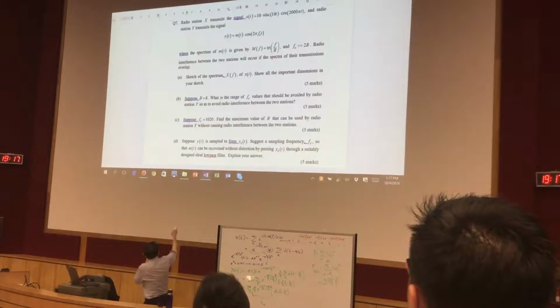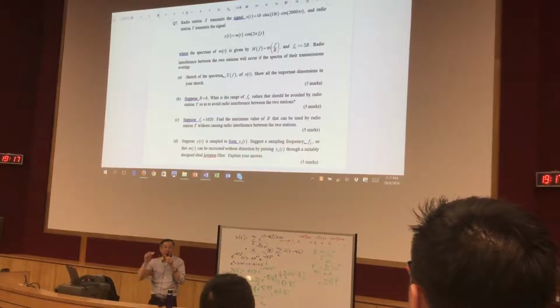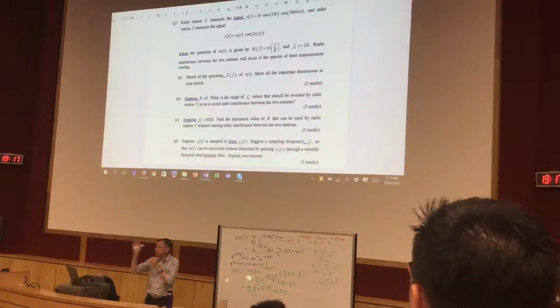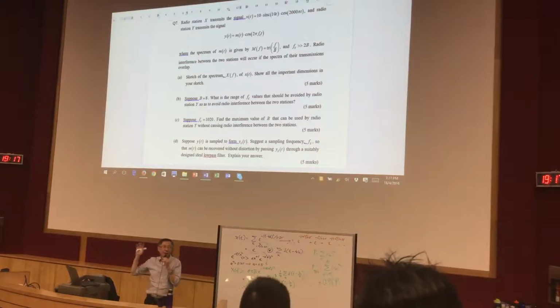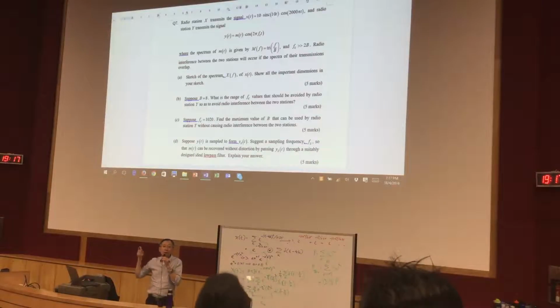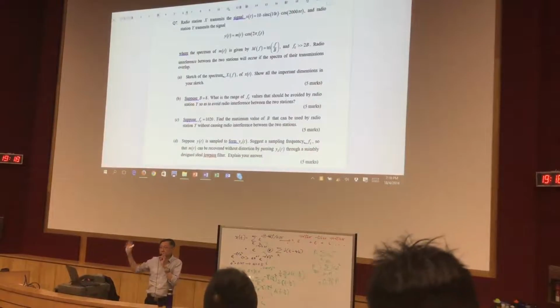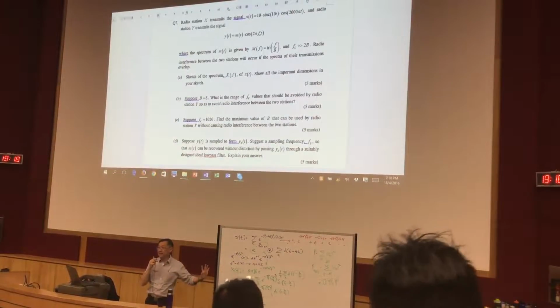If you do the Fourier transform, this becomes a rect. So you get a rect at plus and minus 1000 hertz, because multiplication becomes convolution, and the cos gives you 2 delta functions at plus and minus 1000 hertz. So you get a rect here and a rect here.